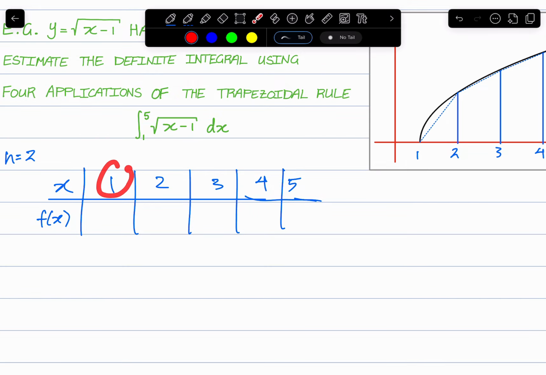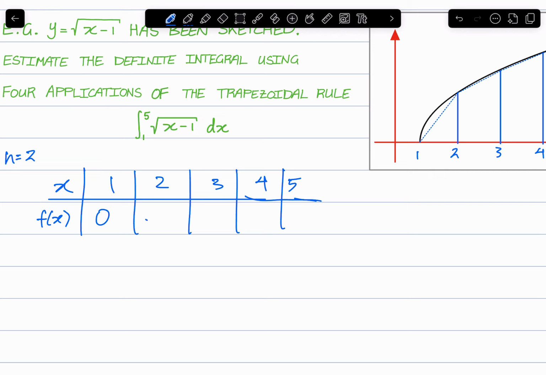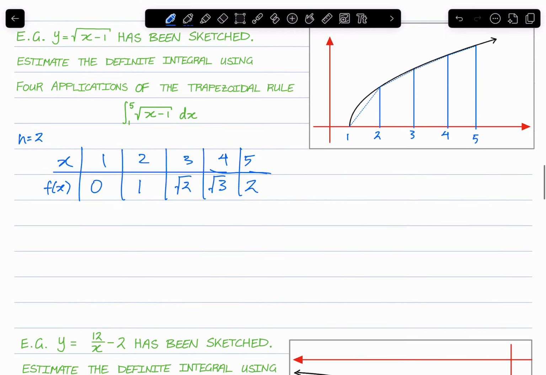Substituting our function values in, 1 into here, we get 0. 2 into here, 2 minus 1 is 1, so root 1 is 1. 3 minus 1 is 2, this gives us root 2. 4 minus 1 is 3, so this gives us root 3. And 5 minus 1 is going to be 4. Square root 4 is going to be 2.